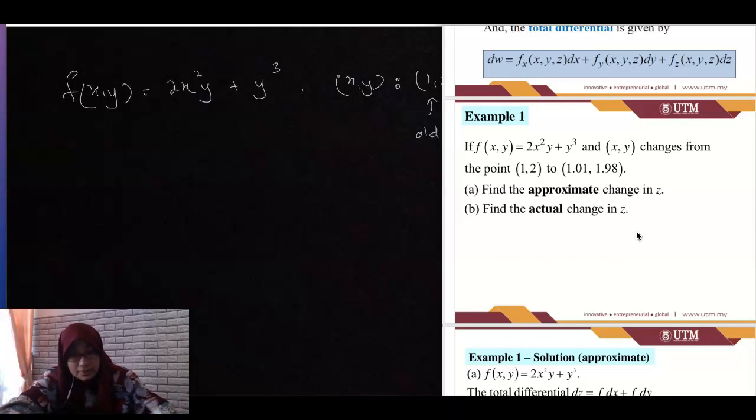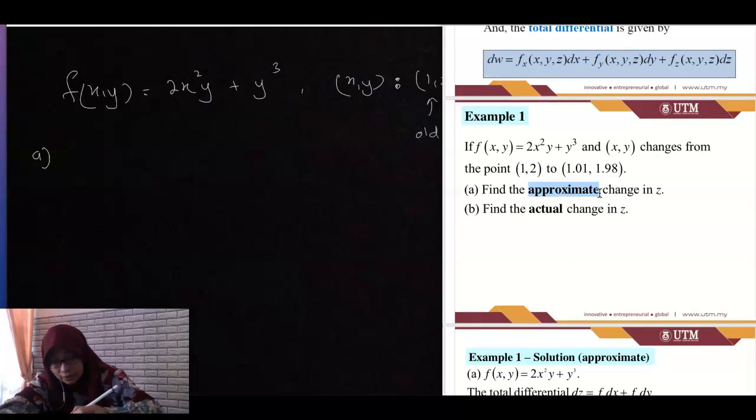Okay, look at the question first. Find the approximate change. There is the word approximate. Meaning that you want to find the changes of delta z, that is the true change. As we know, the true change of z can be approximated by dz. So if we want to approximate the changes of z, the formula that is applicable here is called the total differential.